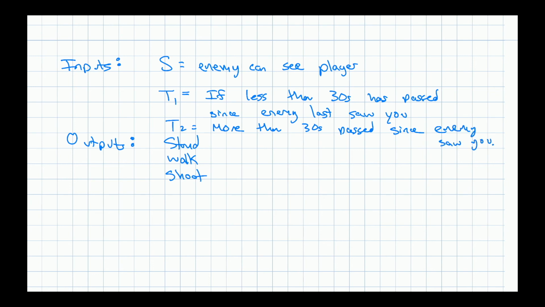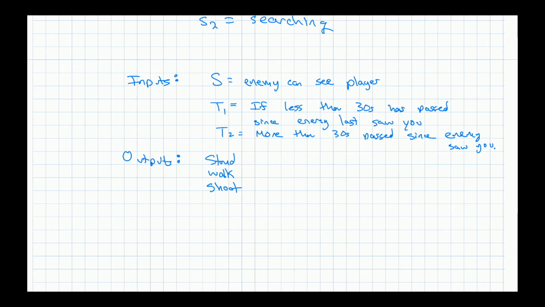Yeah, that's better. We need that because we always want to have an input. So we need: can see you now, can't see you but it's been less than 30 seconds, and can't see you and it's been more than 30 seconds. Those are the three inputs.